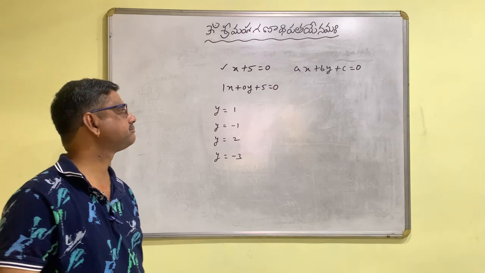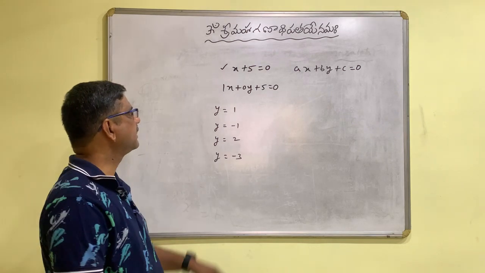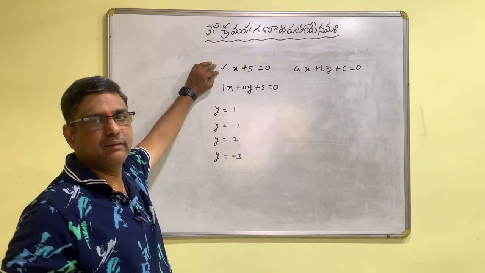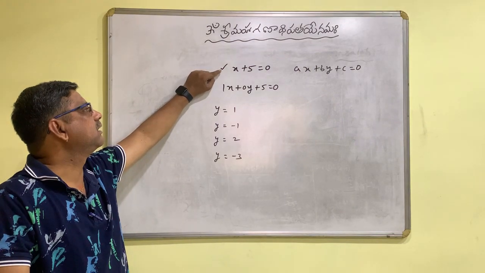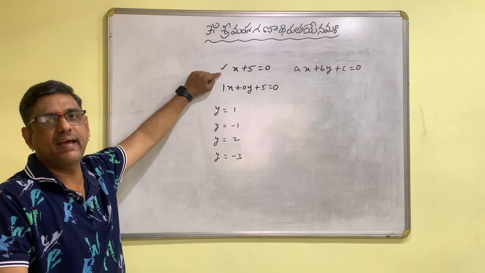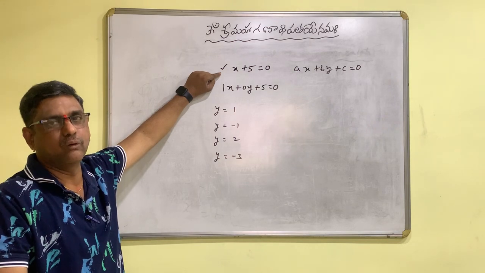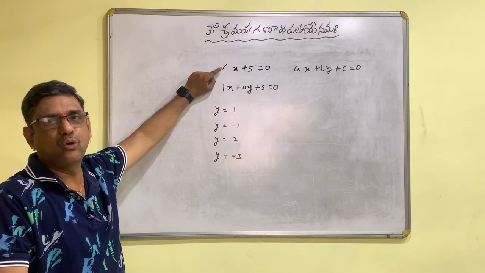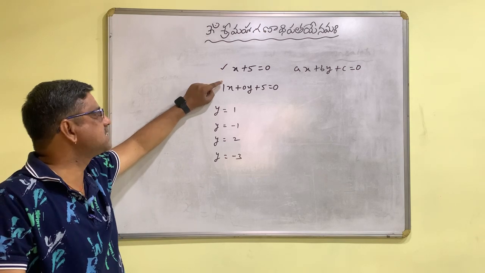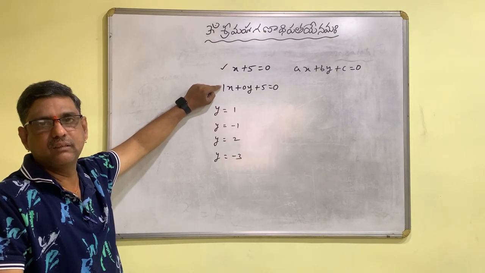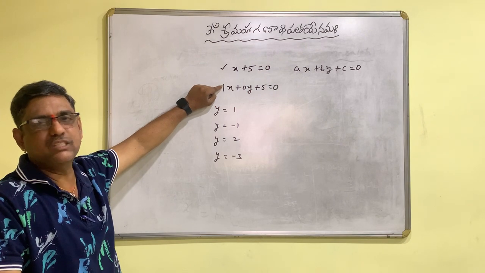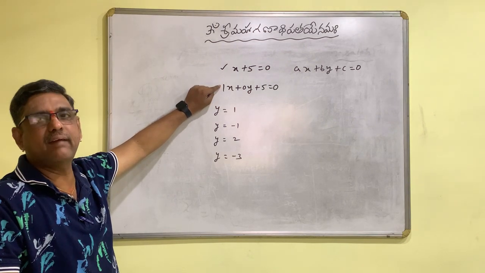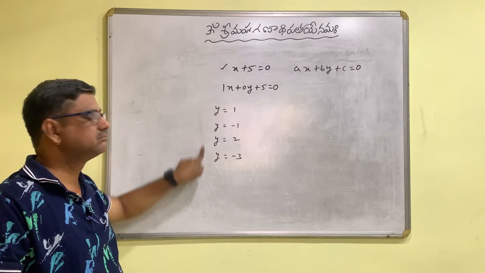Why? Because in the beginning the equation is given as x plus 5 is equal to 0. In that there is no y, but we inserted y in it. That means we have to give values only for y.